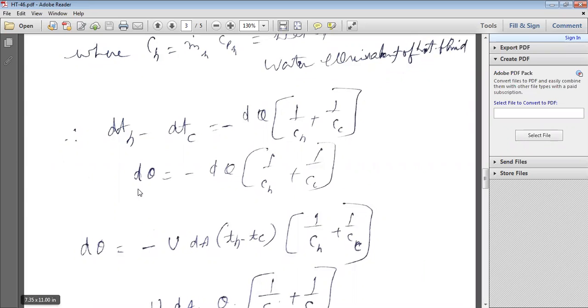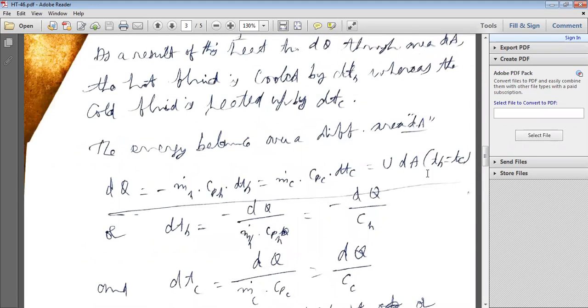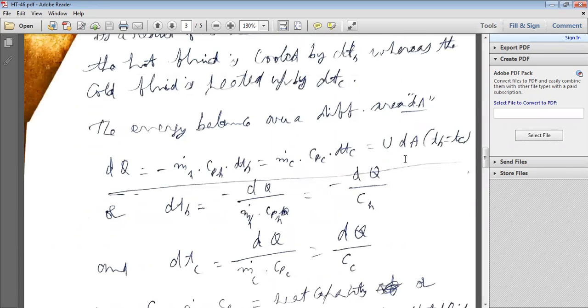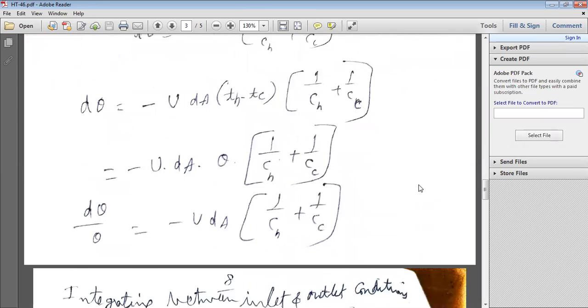So d theta is equal to minus dq, but what is dq? From the relation, dq is equal to U dA into Th minus Tc.